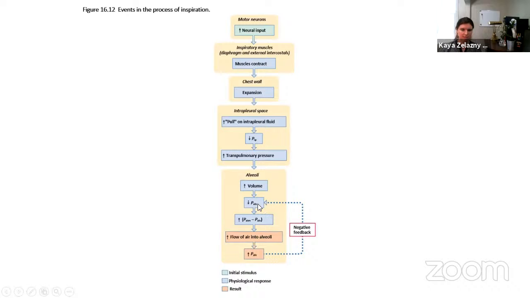We have a direct relationship there, directly proportional. Okay, so all of these arrows would then reverse themselves until we get to a point of equilibrium between the atmospheric pressure and the alveoli, sort of the center or top of our breath before we then breathe out, before we exhale.